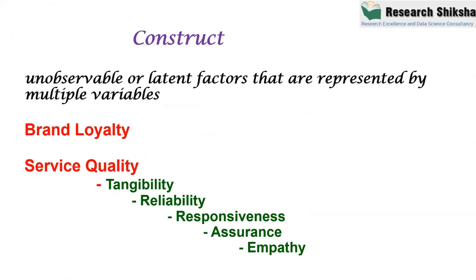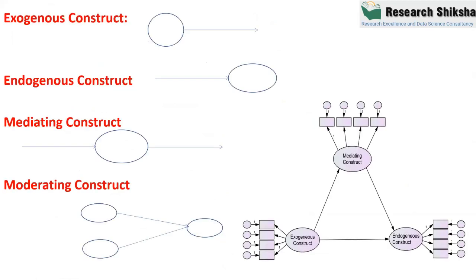Some examples of constructs are brand loyalty and service quality; all these are constructs. Similarly, we should know how many types of construct we can have in the literature, the basic types. Here you can see that there are 4 types of constructs. One is known as exogenous construct. In exogenous constructs, the arrow emerges from the ellipse.